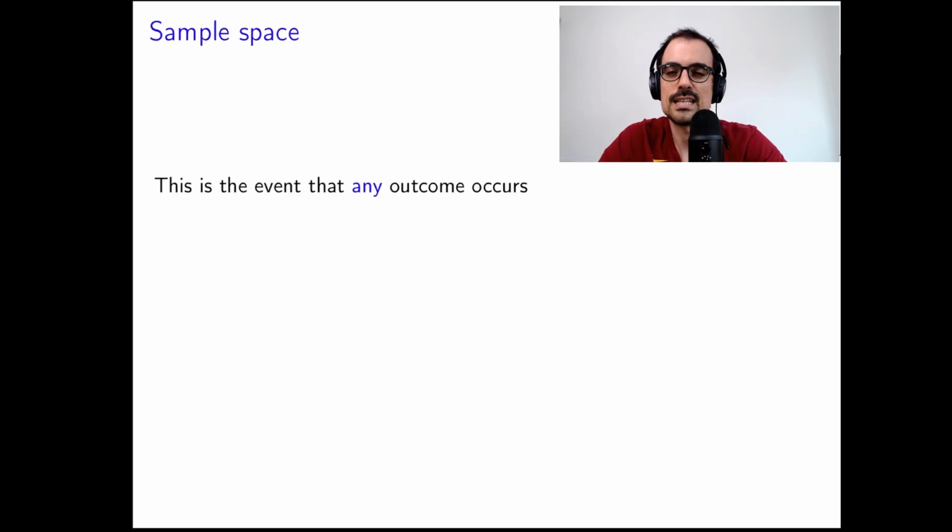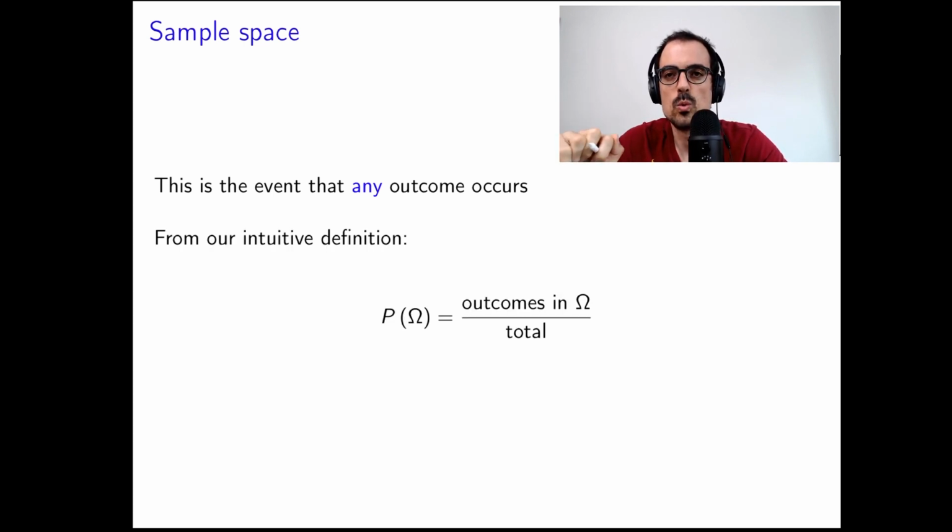So I already mentioned that the sample space is actually an event, right? It contains all possible outcomes, so in particular, it is an event. So we should probably assign it a probability. Now, let's see what probability we should assign it according to our intuitive definition. The probability of the sample space, just intuitively, should be the fraction of times that the outcome of the experiment is in that event.